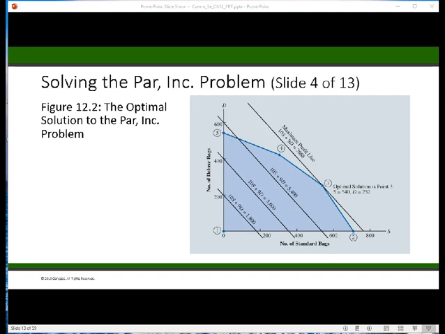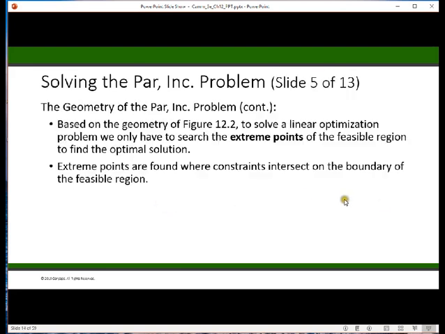The other points where we have intersections between the constraint functions are extreme points of the feasible region. Okay. Extreme points are found where constraints intersect on the boundaries of the feasible region.